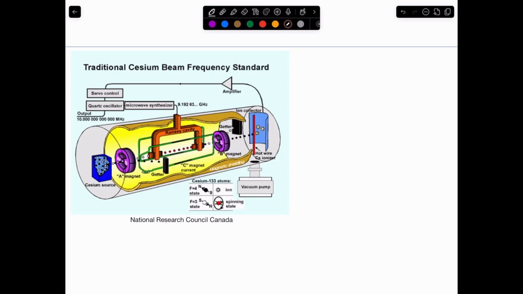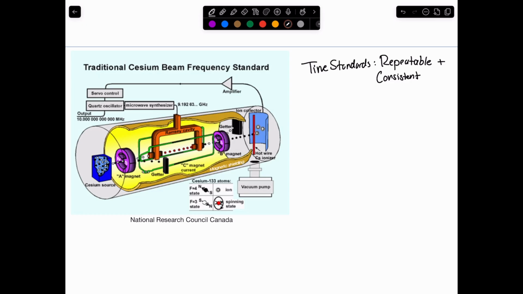So like I said, time standards must be repeatable and consistent. What makes the atomic clock repeatable and consistent?